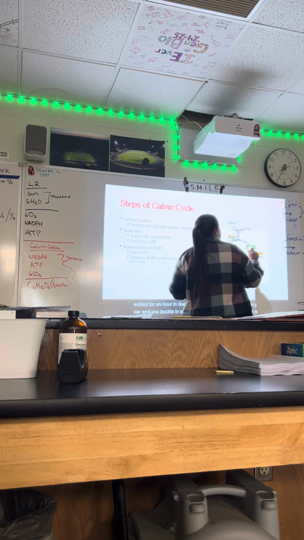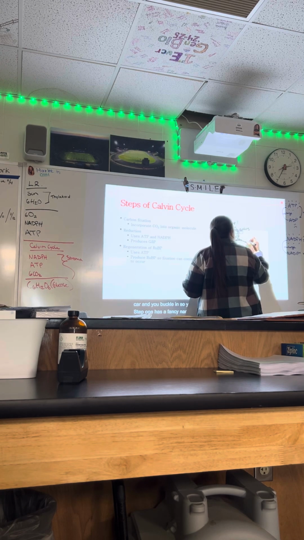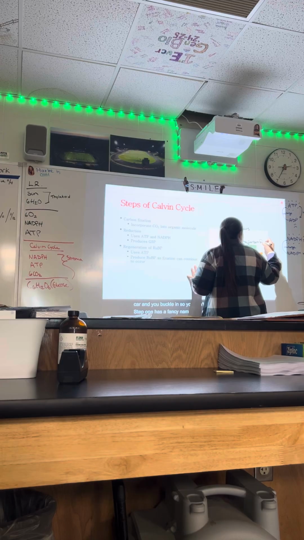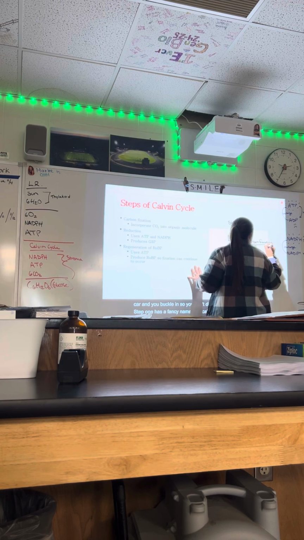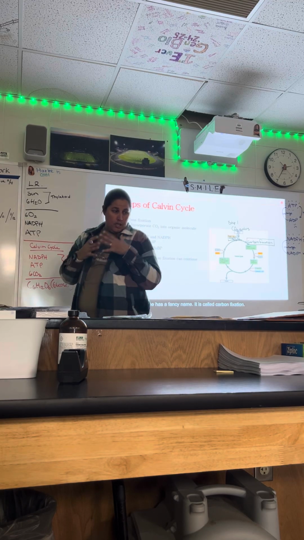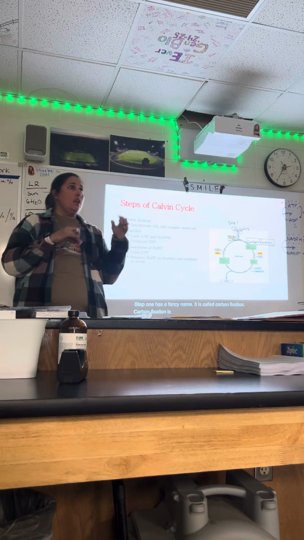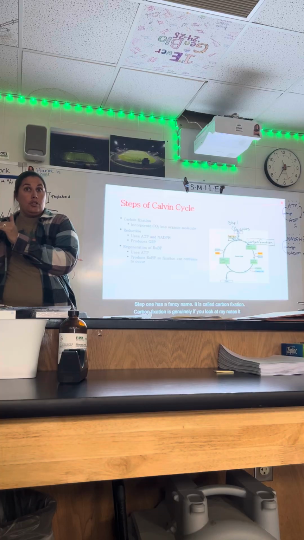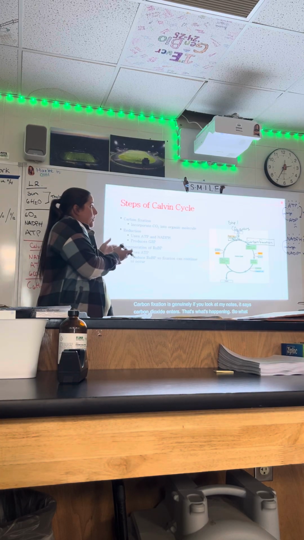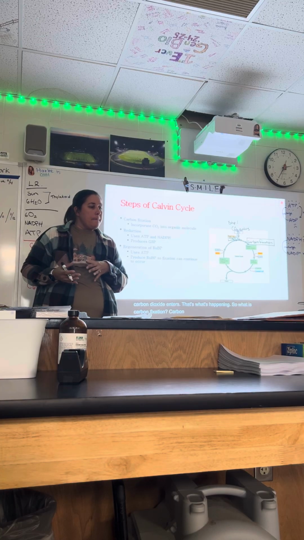Step 1 has a fancy name. It is called carbon fixation. Carbon fixation is, and genuinely, if you look at my notes, it says carbon dioxide enters. That's what's happening. So what is carbon fixation? Carbon dioxide is entering.